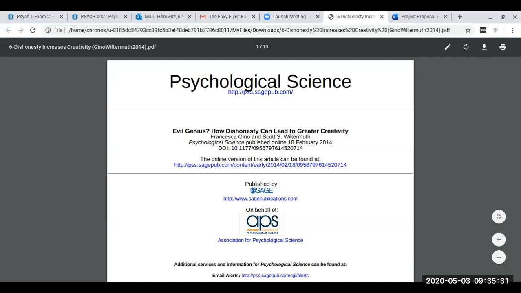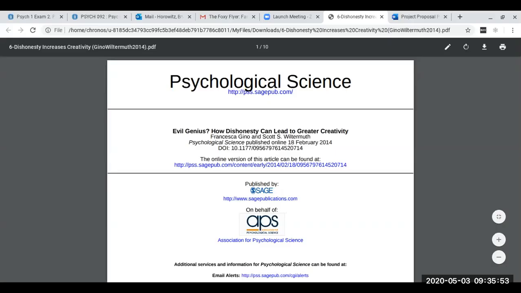So the first 4 questions of the seed article critique had to do with the 4 main sections of a paper: the introduction, the method, the results, which we are also dealing with this week, and the discussion section, which I will go over in a lecture next week. For these, the first 4 questions pertain to that.